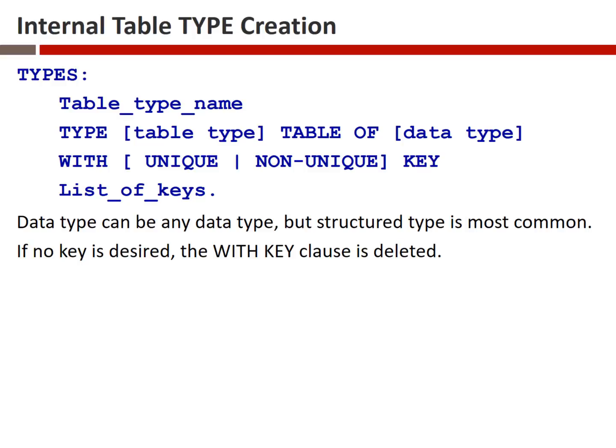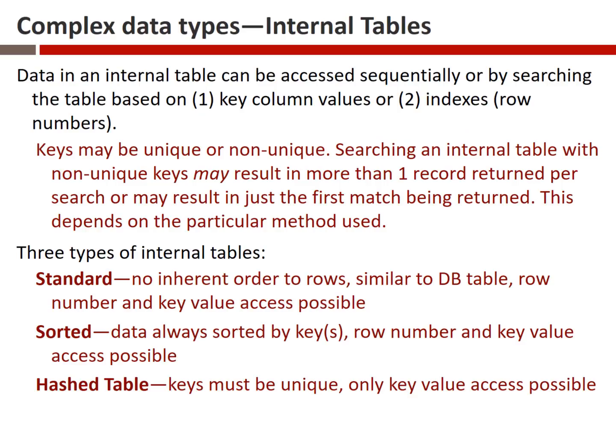So basically, you could write next to this, if I want a standard table and I don't want a key, then I can just leave out the with key. But remember, what we said about this is, with the standard table, there's no inherent order to the rows. I can access the table by row number and by key values.